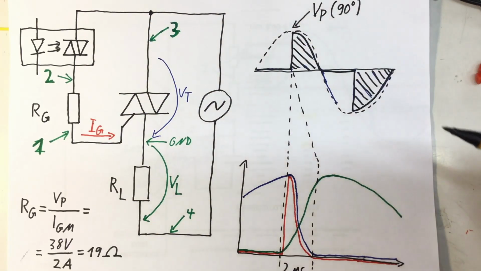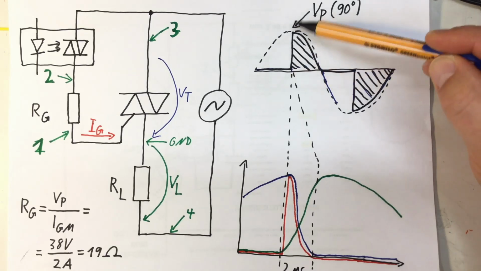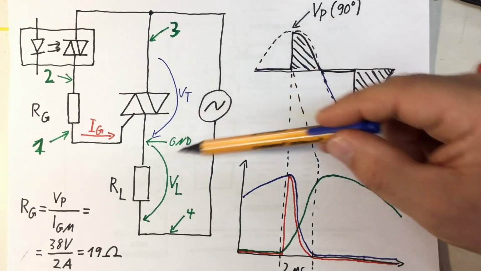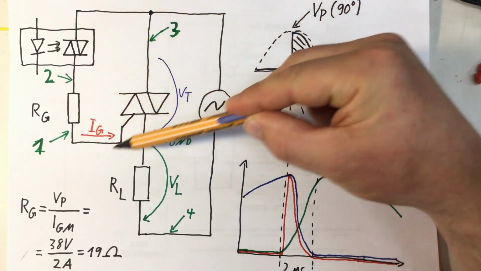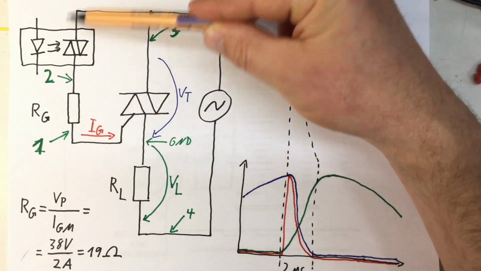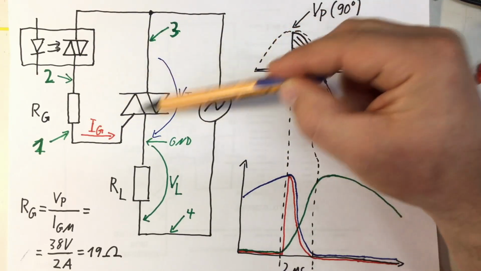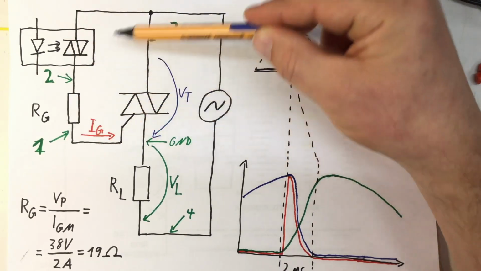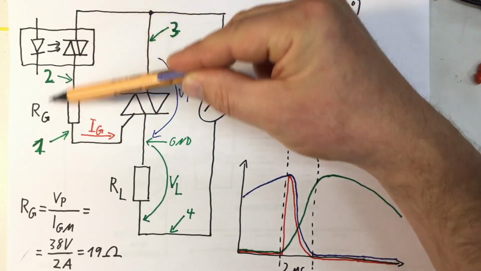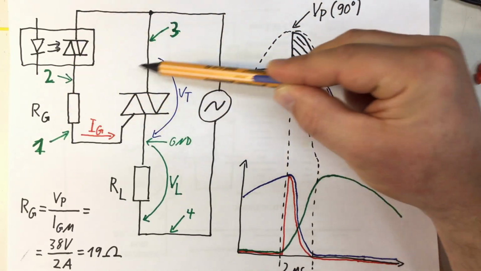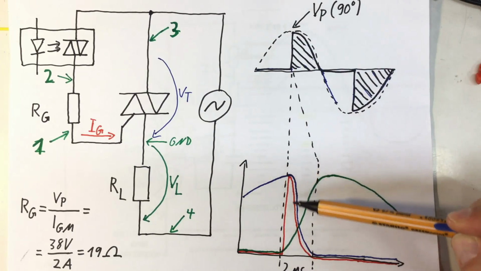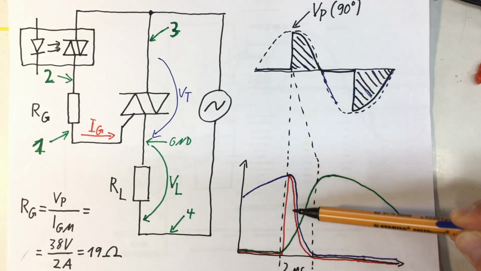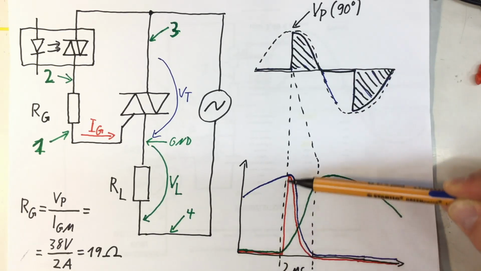So when we really switch on at 90 degrees, we have the problem that we have the maximum voltage between gate and main terminal 1. And we have to limit this peak current that will flow just for the moment the TRIAC needs to switch on. So we will get something like that, a spike, the red line, in the current.